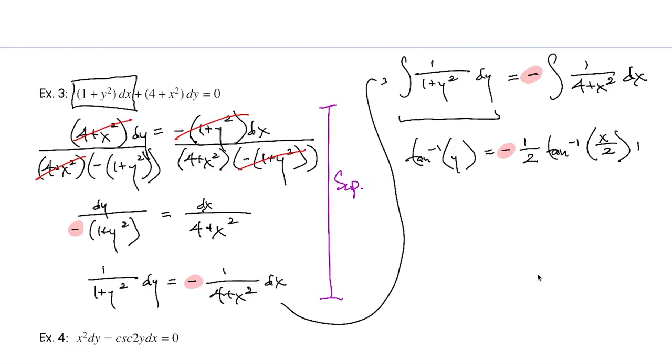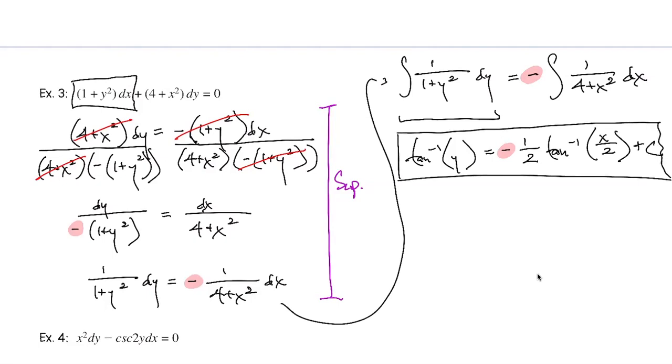Then we put our plus c on the right-hand side. Because I had no initial conditions, this is totally fine. If I don't have initial conditions, I can only find a general solution. And I can also leave this in its implicit form, meaning I don't have to solve for y. I don't have to take the tangent of both sides to get that y out of there.